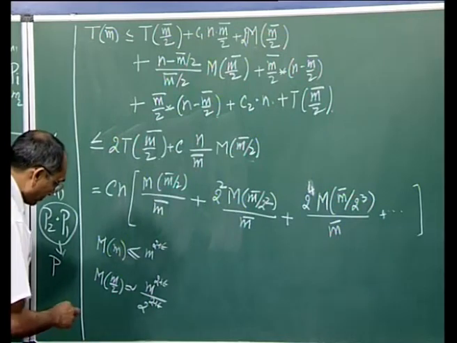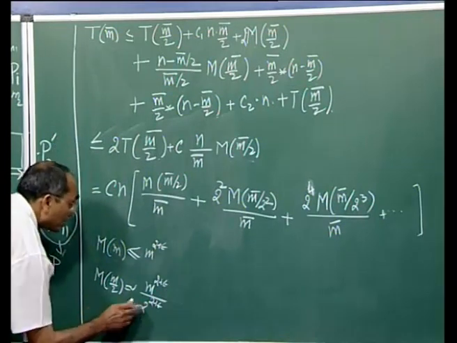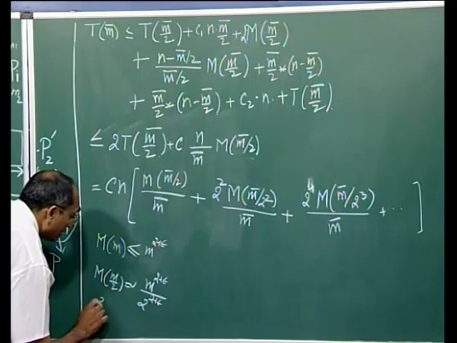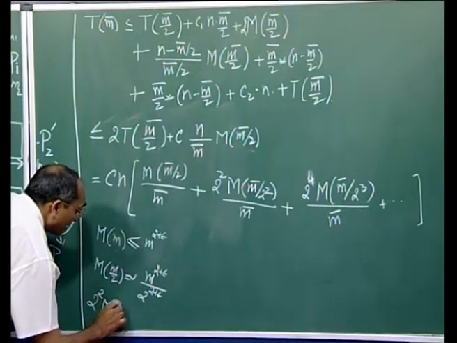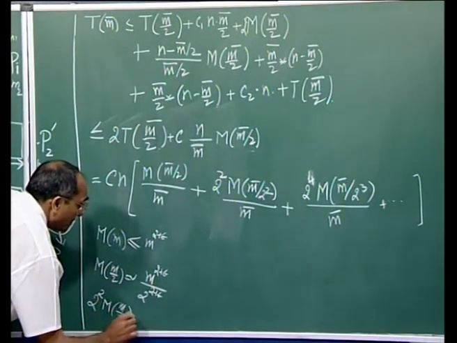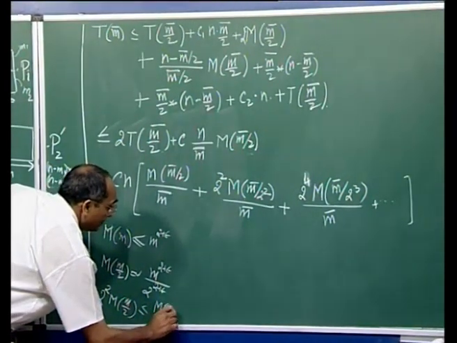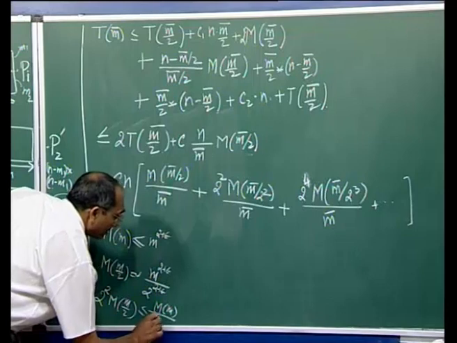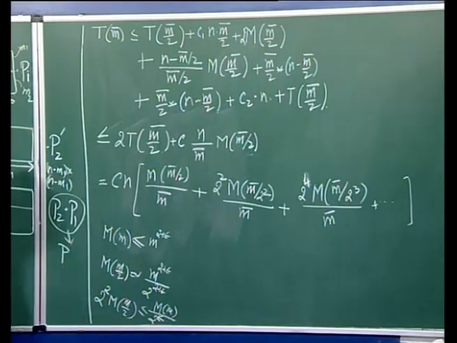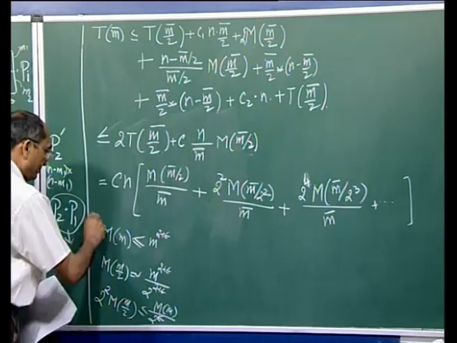So if I take 2 to the power 2 here, we can say this is bounded by M of m over 2 power epsilon.